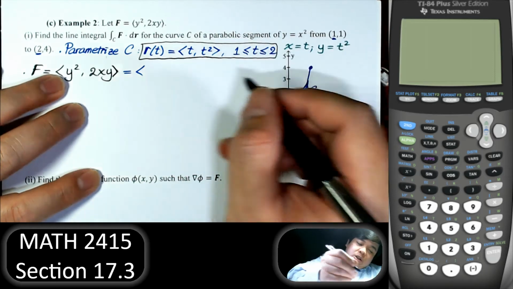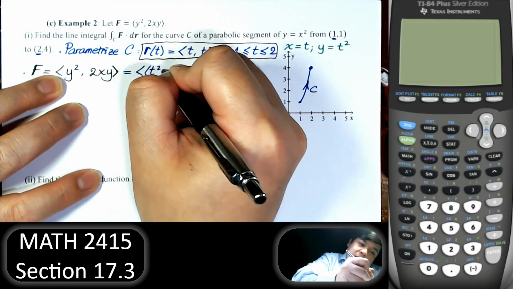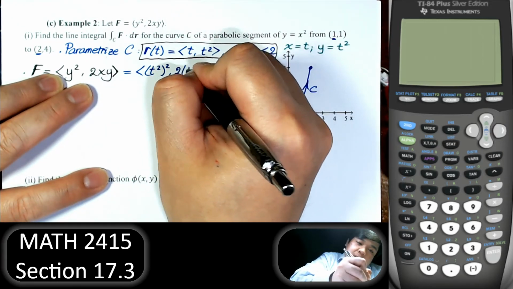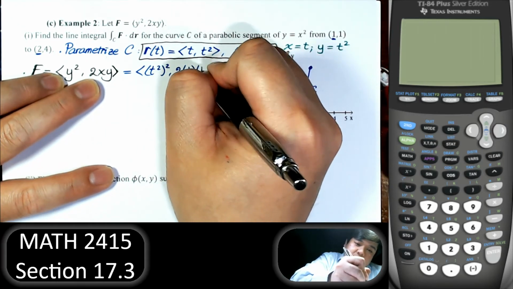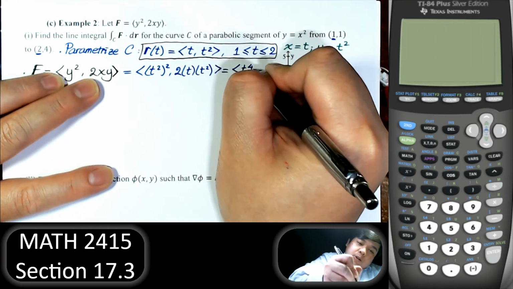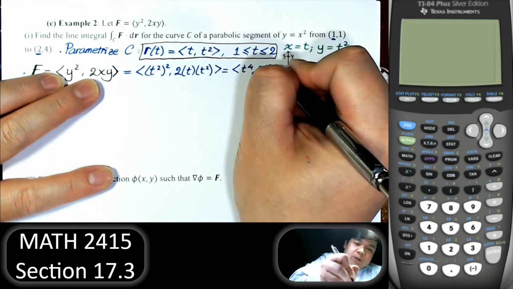Y is t squared, so this is t squared squared. X is t, y is t squared. T to the 4th, 2t cubed.